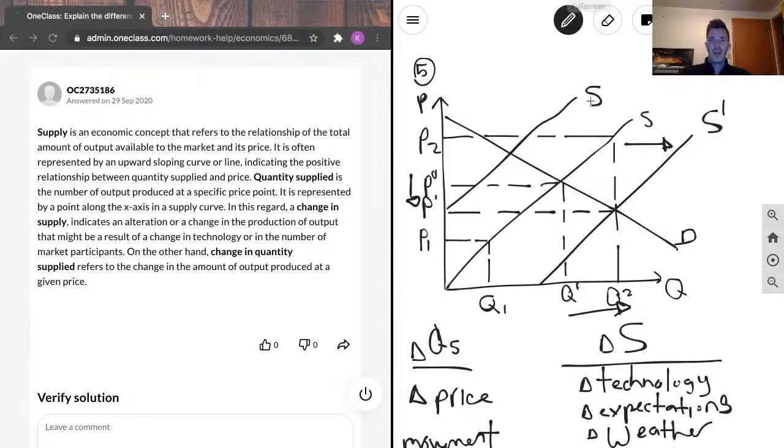If the supply were to decrease, I'm going to call this S double prime. Then we would see the price go up from the initial equilibrium quantity, and the quantity go down from the initial equilibrium quantity.